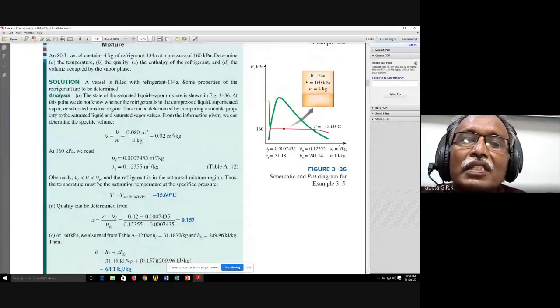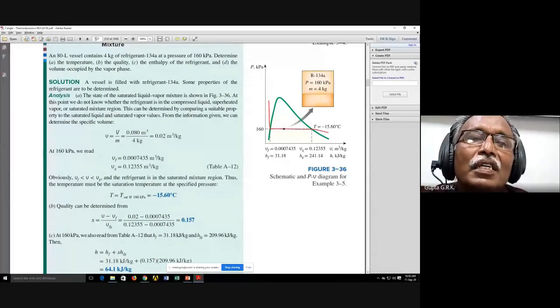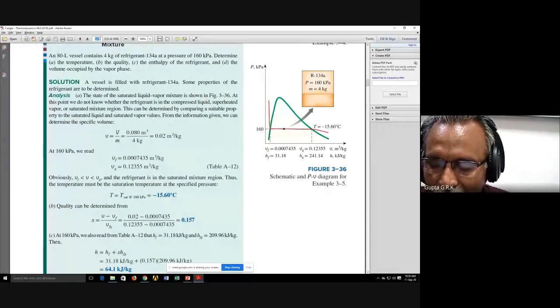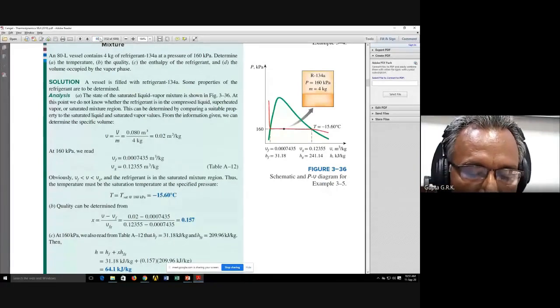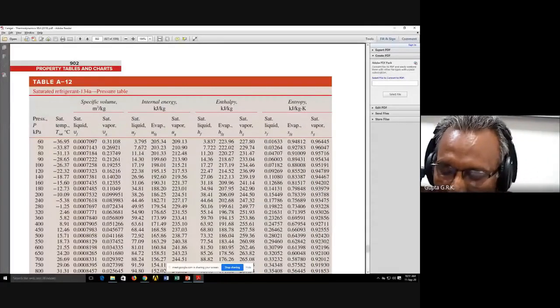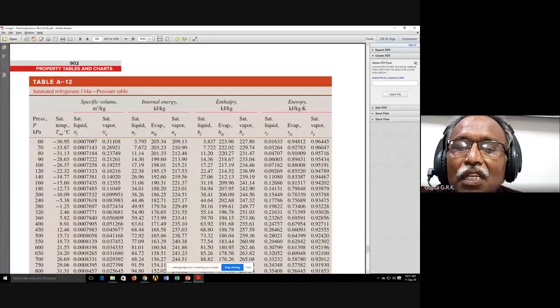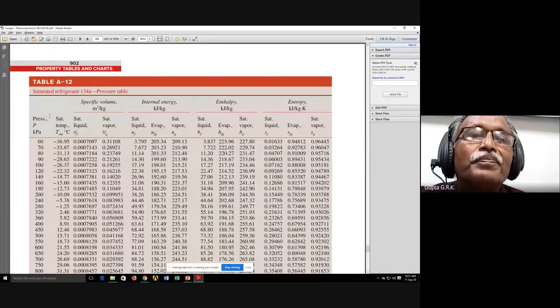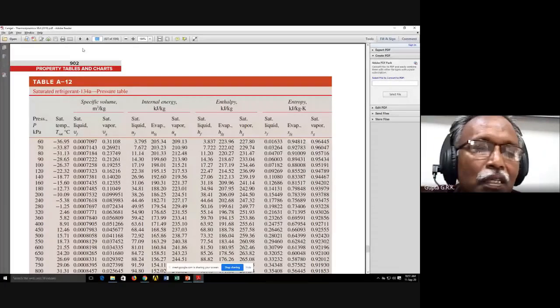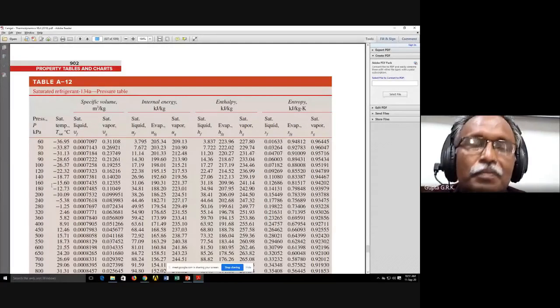Here at 160 kilopascals, I have to check. Okay, so for R134A, the table is on 899 or 902. 902. So this is the R134A pressure table, and the pressure is 160 kilopascals. At 160 kilopascals, these vf, vg, hf, hg values are taken from here. These values are substituted there. And the saturation temperature is also given here, corresponding to 160 kilopascals.